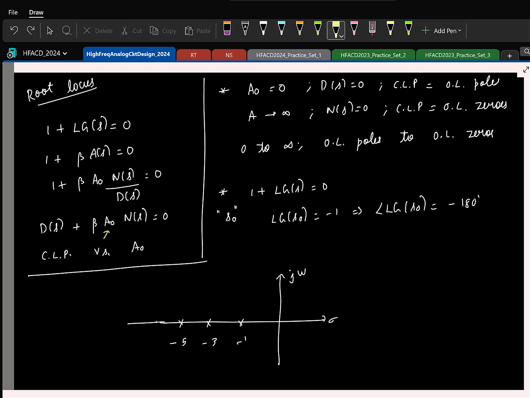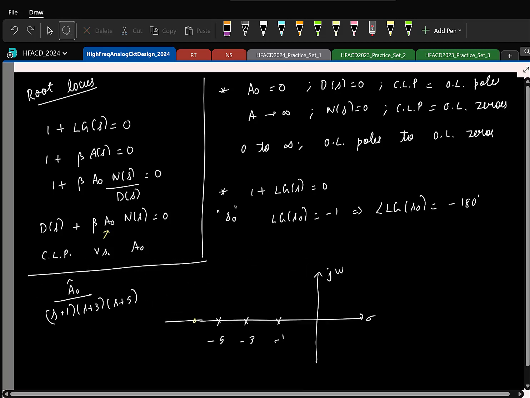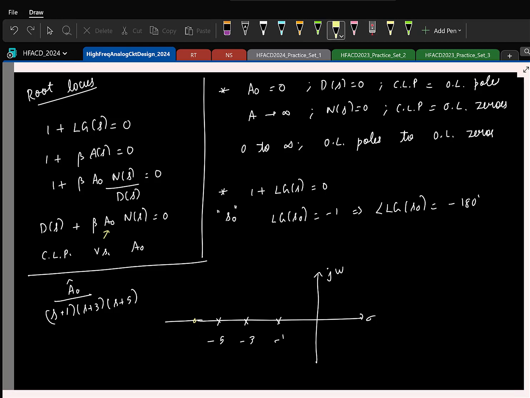This transfer function I can write as some A0 hat by (s plus 1)(s plus 3)(s plus 5). So let me take a point in this section, let's say -8.